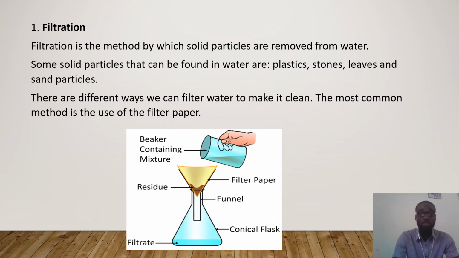As you pour the dirty water onto the filter paper, it sieves the dirty particles from the water, allowing only the clean water, or the filtrate, to get into the conical flask.